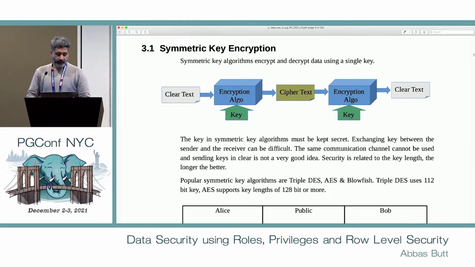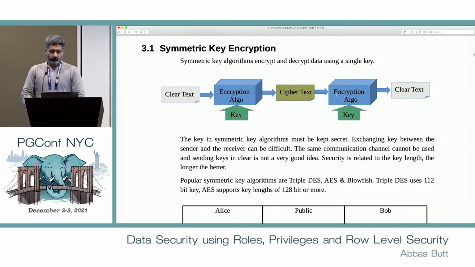So in this case, we are discussing the symmetric key encryption, where you have a message in the clear text, and you pass it through an encryption algorithm using a certain key that both Alice and Bob are sharing. And after the encryption algorithm, you get the ciphertext.